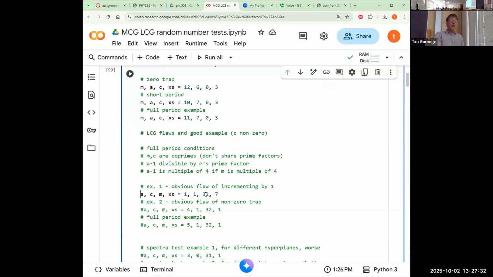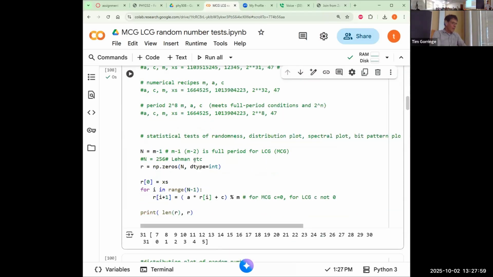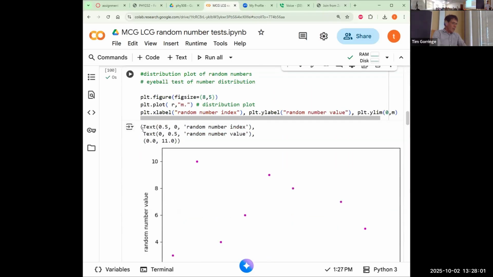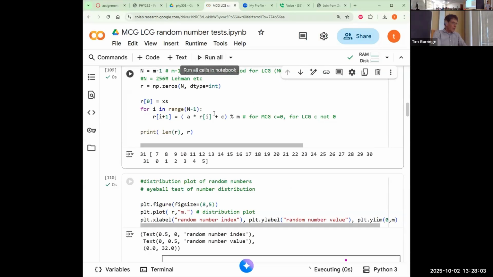A good condition for a linear congruential generator doesn't require that the modulo be prime. It was a more complicated condition. All of these are done with 32. Let's run this first case, where the multiplier is 1 and the offset is 1. You might be able to imagine what's going to happen then. So run that cell. Actually, let me run all the cells.